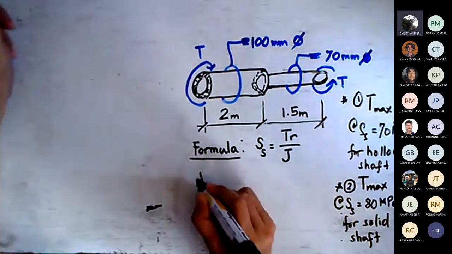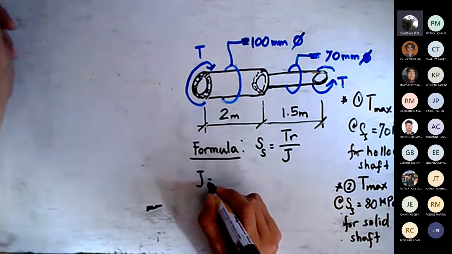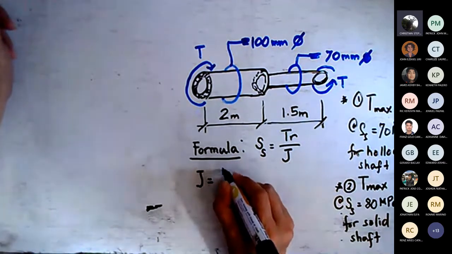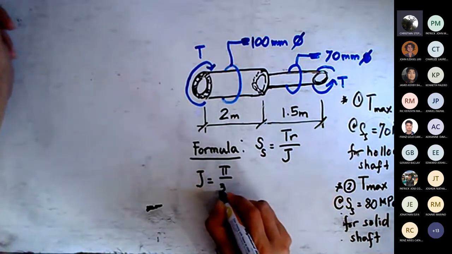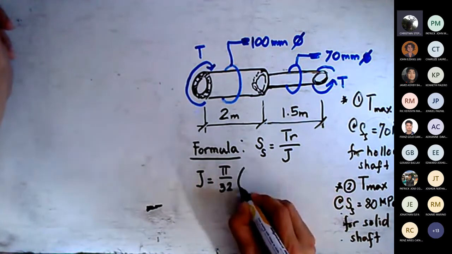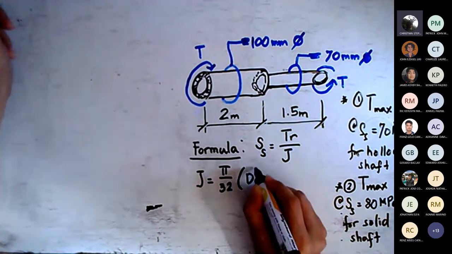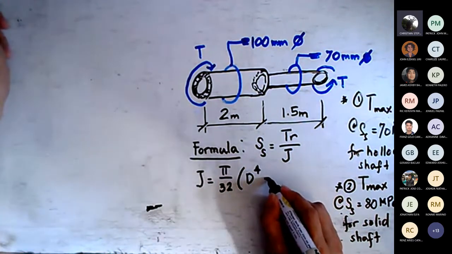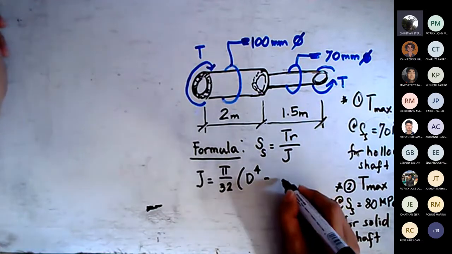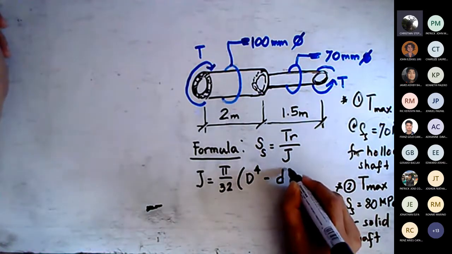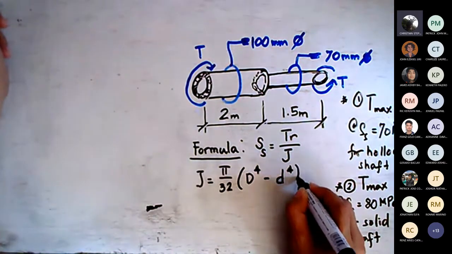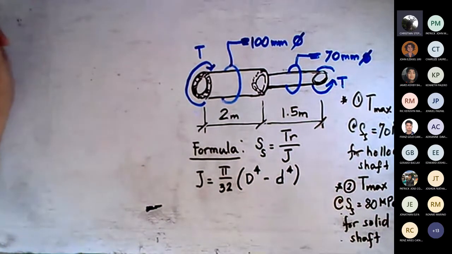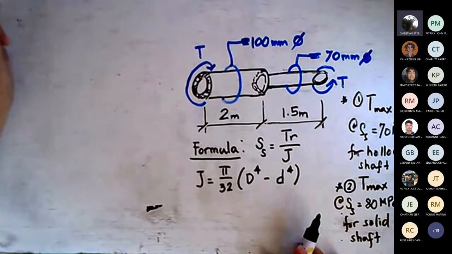The polar moment of inertia, kung hollow ang ating section, is pi over 32 times D to the fourth, outside diameter raised to the fourth power, minus inside diameter raised to the fourth power. So those are the two formulas which we can use.